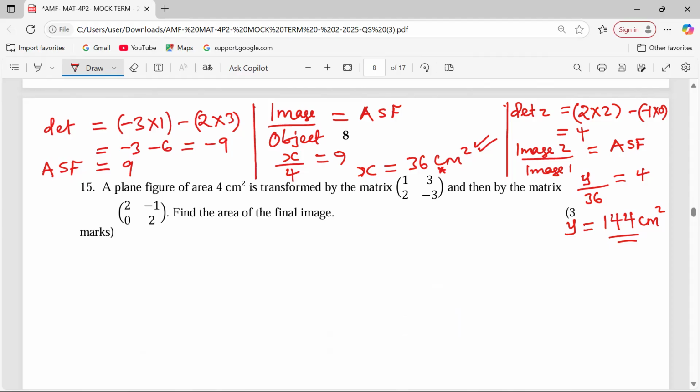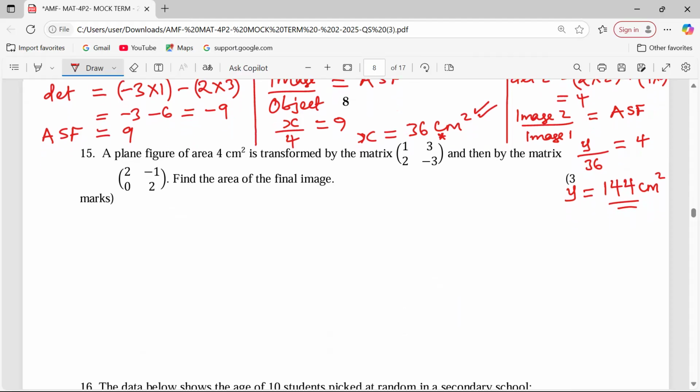Now we can also talk about these successive transformations, whereby now I'll go to method 2.